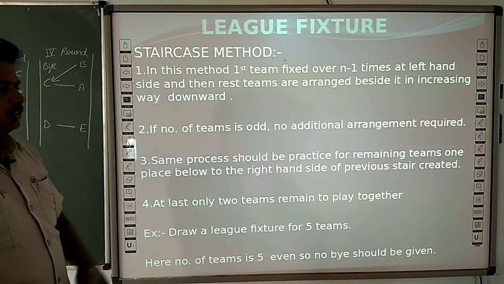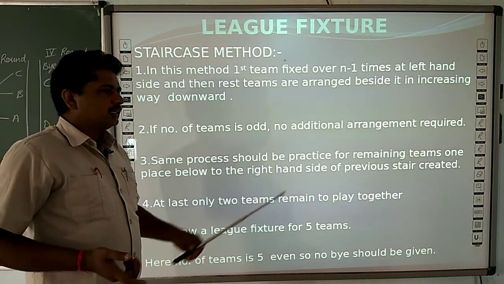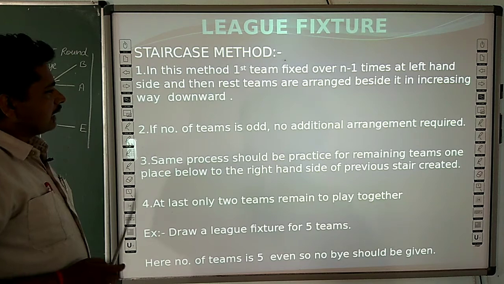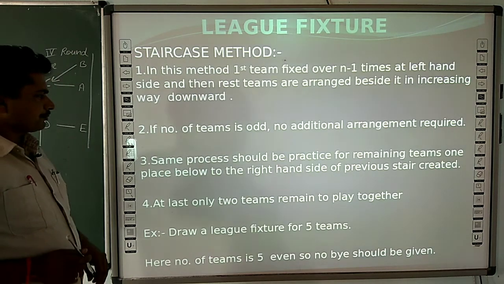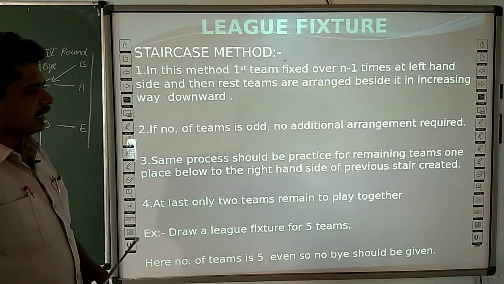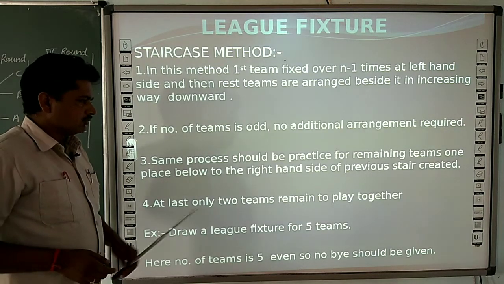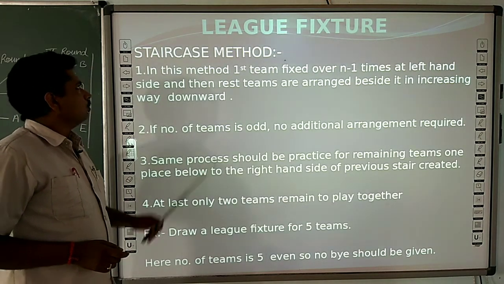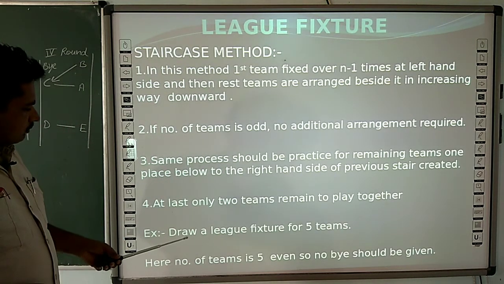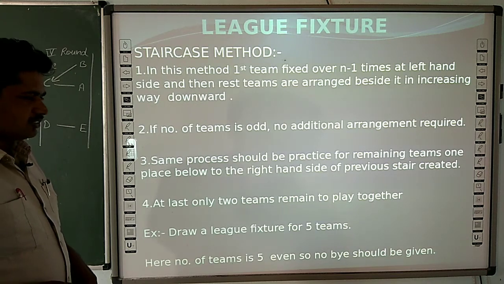If the number of teams is odd, then it is not required to provide a bye, as you see in the cyclic method. Okay? And the same type of process could be repeated again and again to frame the fixture through the staircase method. For 5 teams, we once again draw the league fixture.